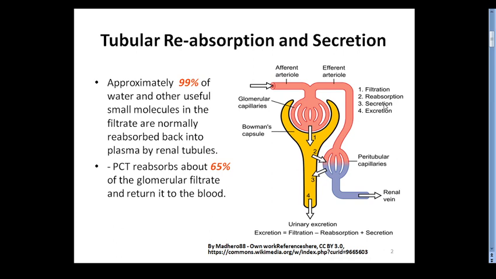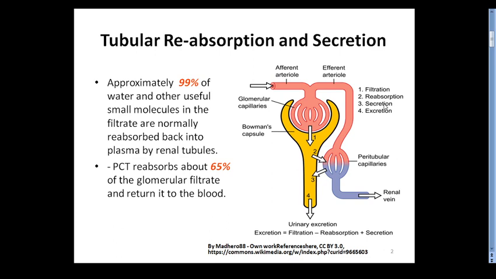As we know, the composition of filtrate is the same as plasma except the proteins. Why is this composition the same? Because the filtrate which is formed by the glomerulus into the Bowman's capsule is formed under very high hydrostatic pressure.